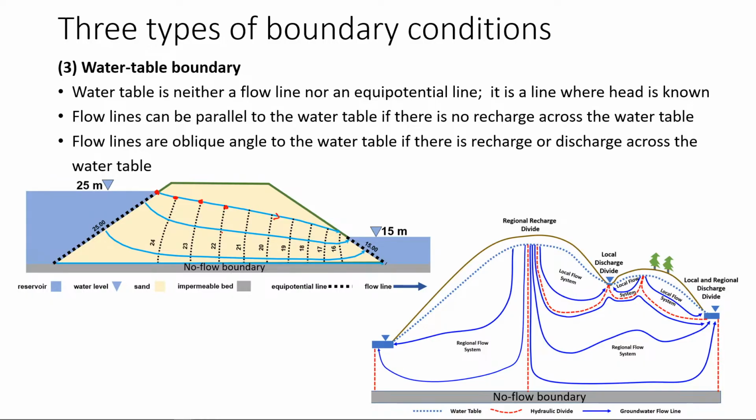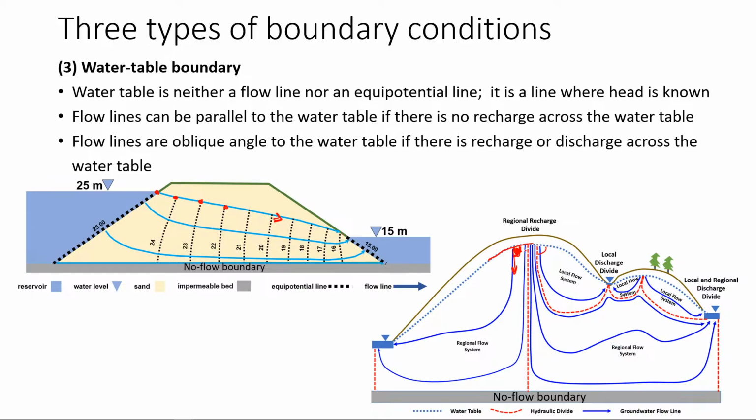If you have no recharge, like in this case, the flow line will coincide with your water table. But if you have recharge, that's your flow line and that's your water table, and the flow line could be perpendicular to it, if you have recharge and a vertical component. Without recharge, they could coincide. So the water table is not necessarily perpendicular; it could be oblique, at any angle.